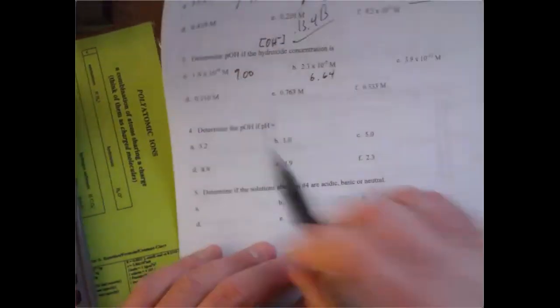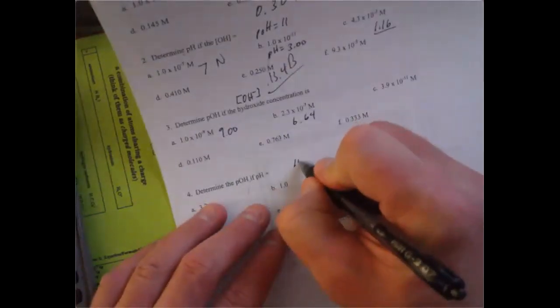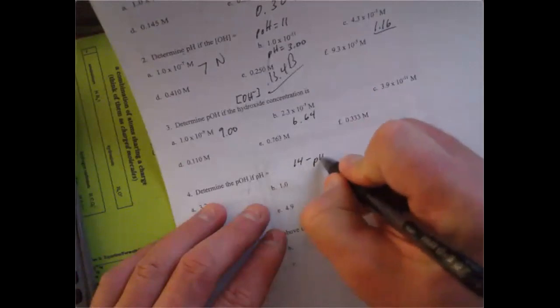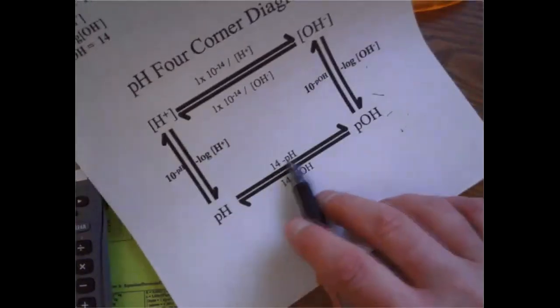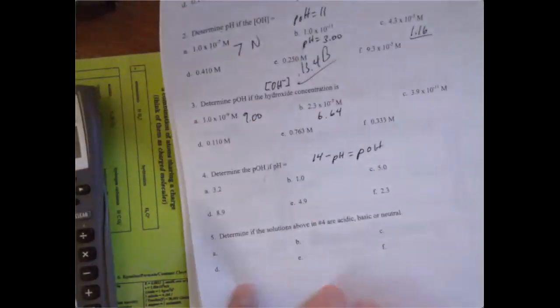It says determine the pOH if the pH is this. Well, 14 minus pH equals pOH. That's from the four-corner diagram here. 14 minus pH equals pOH. So 14 minus 3.2.